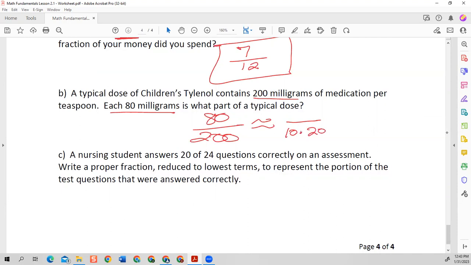And 80 reduces by 20 4 times. So I'm going to say 4 times 20. My 20s reduce, leaving me with 4/10, which reduces 2 times 2 over 2 times 5. The 2s reduce, leaving me with 2/5. And that's my answer. So try C and then just reach back out to me. Thank you.